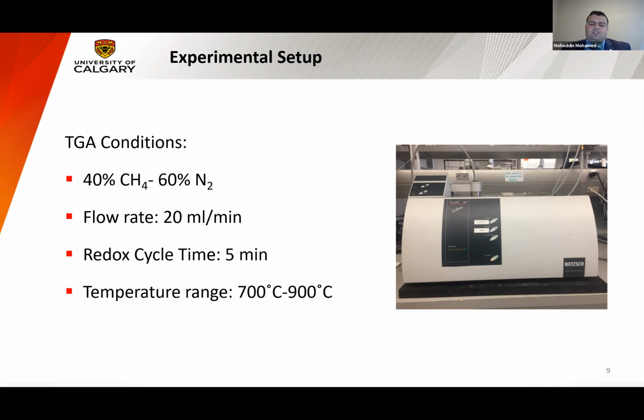The reduction, oxidation, and the purging cycles in between were 5-minute periods each. The fuel stream composition was 40% methane, with the remainder being nitrogen. For this kinetic study, the temperature range was between 700 and 900 degrees.